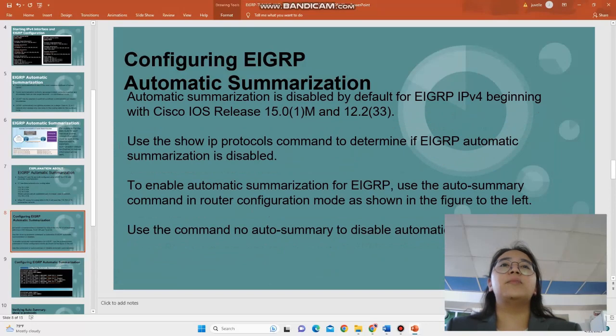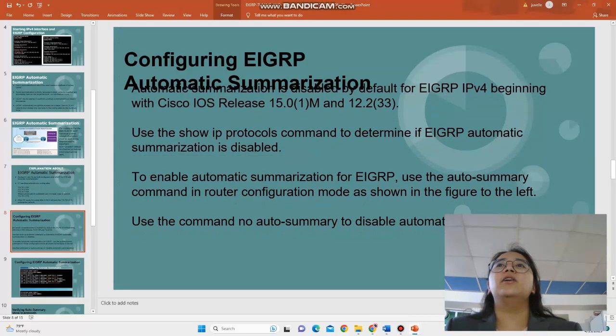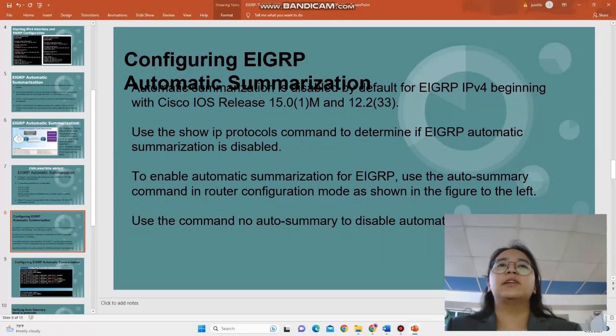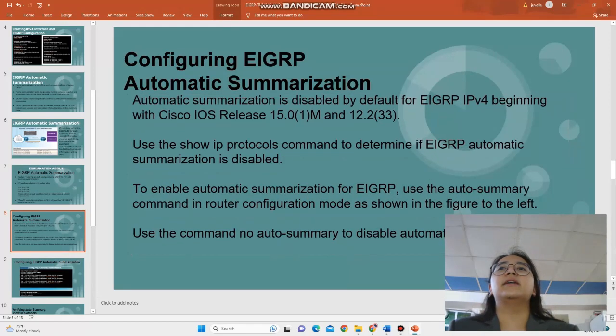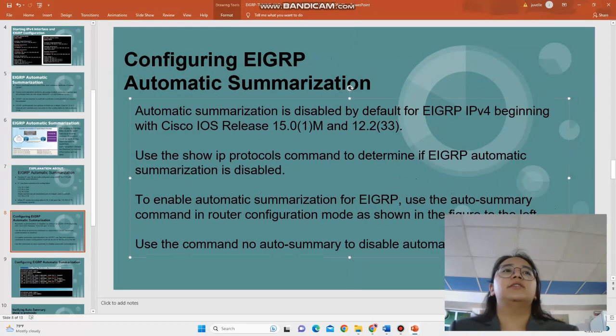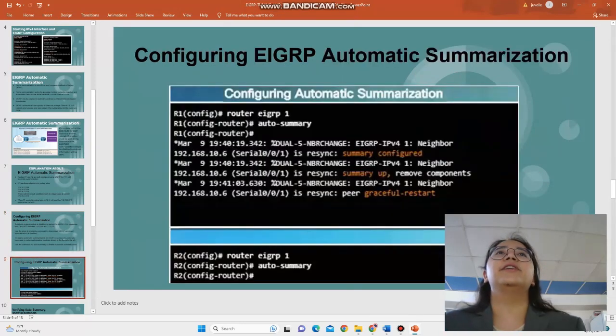So, to enable automatic summarization for EIGRP, use the auto-summary command in router configuration mode as shown in the figure to the left. So, this one, wait, I will show you later. So, use the command no auto-summary to disable automatic summarization. So, this one, the configuring EIGRP automatic summarization.